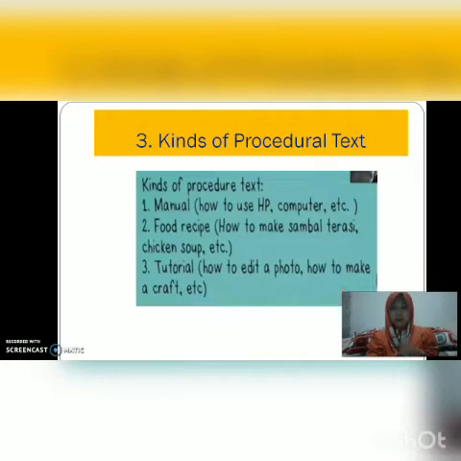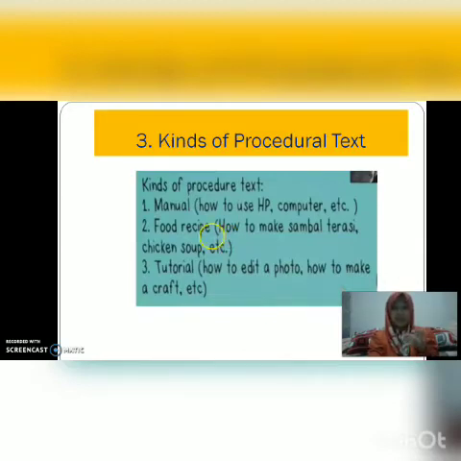For example, how to make sambal terasi, how to make chicken soup, or maybe you can put the title how to make a delicious donut, etc.